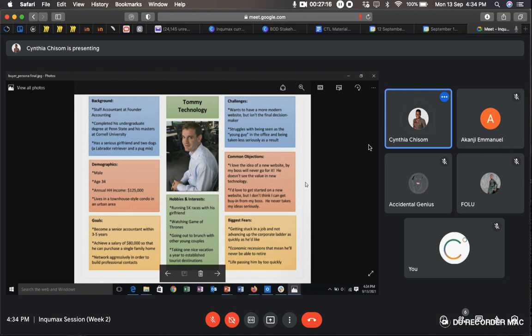So you could call it Sheun Farm, or you could call it Tunde, the young professional living in Lagos. So you would have the background, the demographics, the goals that he has, and then challenges, biggest fears, hobbies and interests, basically aspirations, based on all those things that I shared with you earlier.